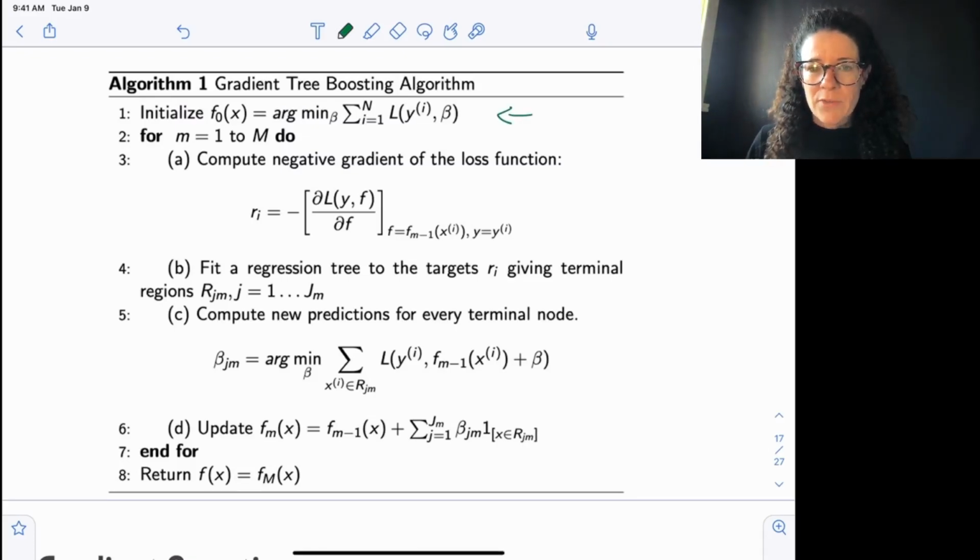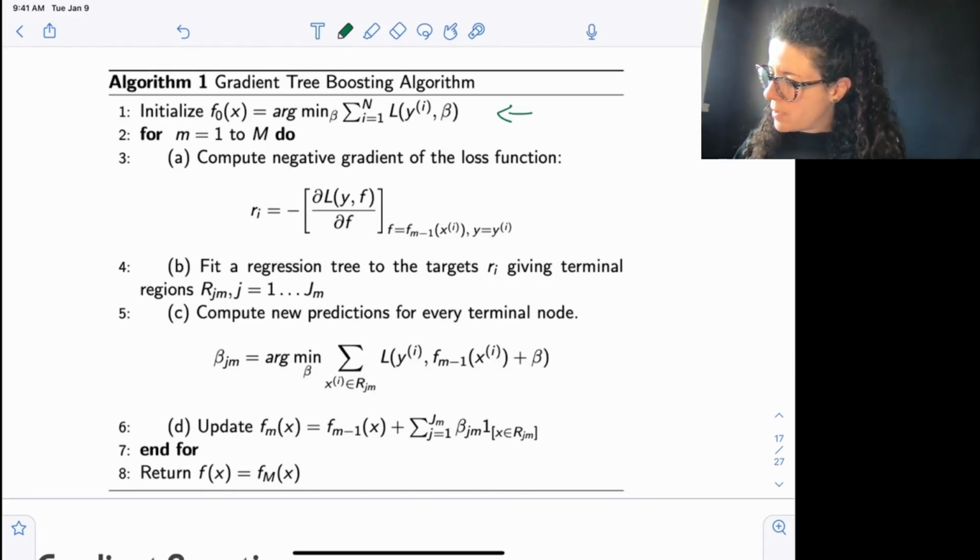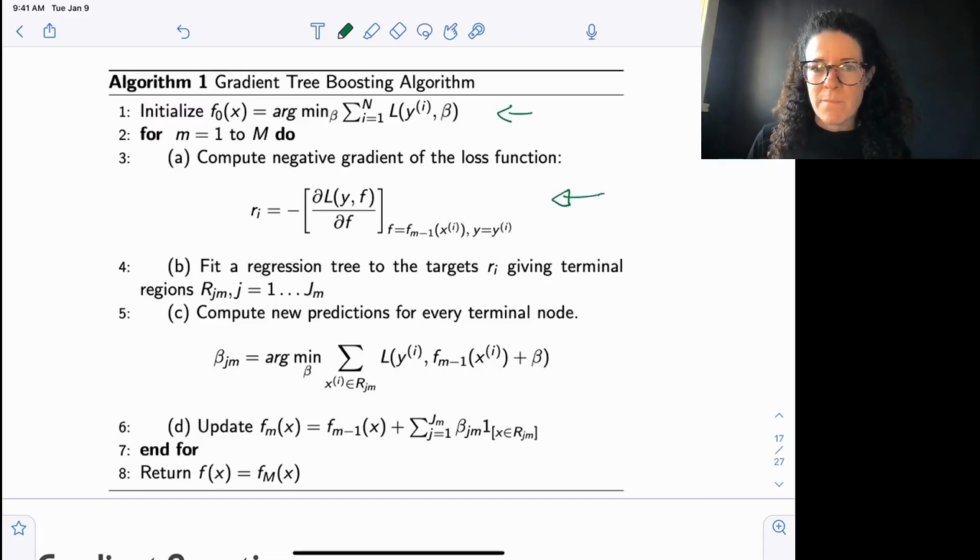After that, we compute what we call the pseudo residuals, which in this case I call ri. Notice that this is the same formula that we had before, but generalized to fm.